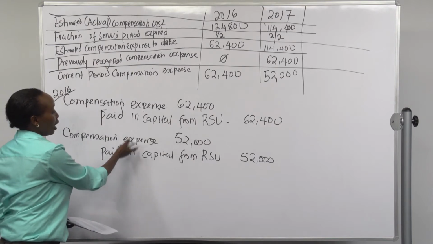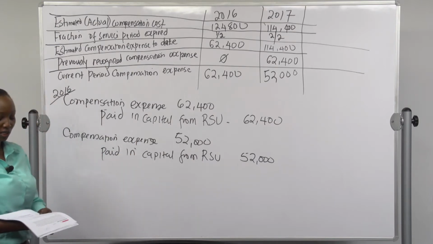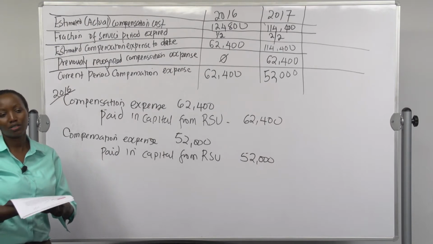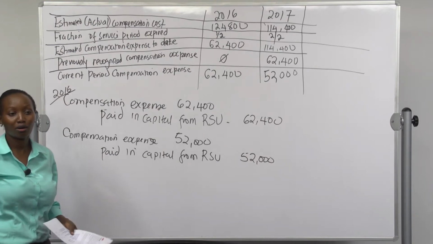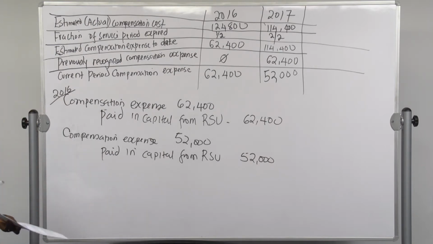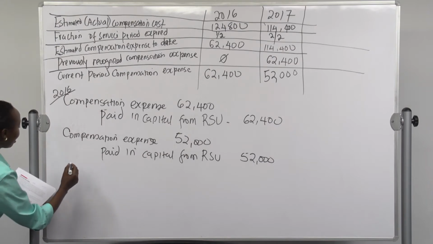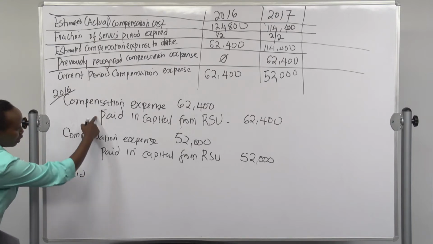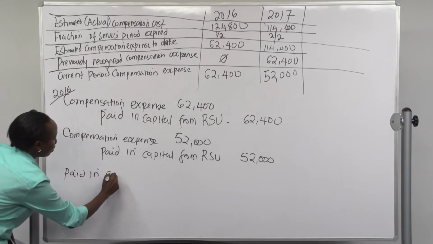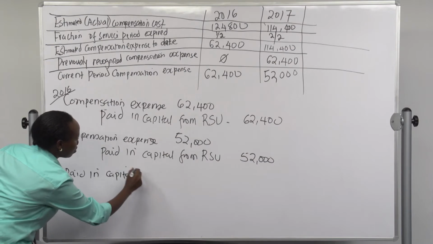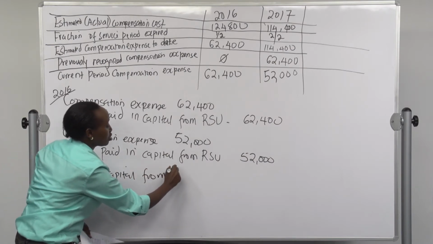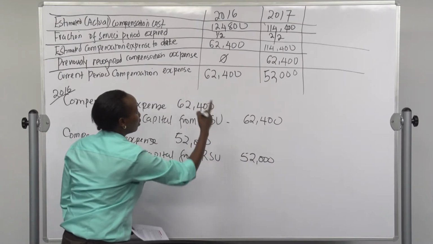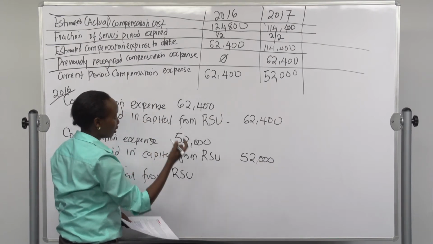We debit paid in capital from restricted share units and move it to the regular common stock, with the same rules as previous, where we put common stock par for the par value and any excess to additional paid in capital. To close these two out, we debit paid in capital from restricted share units for the total of the two.